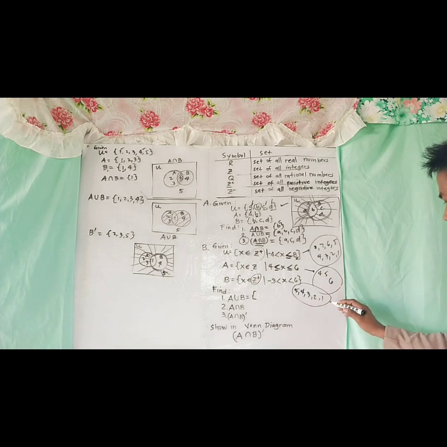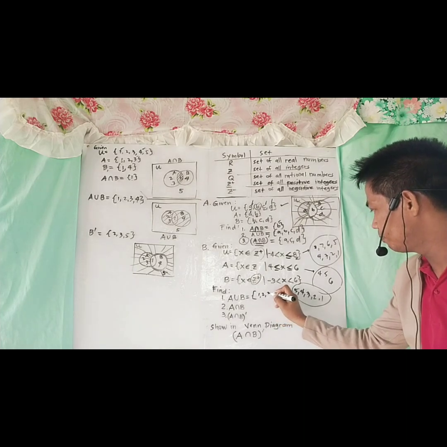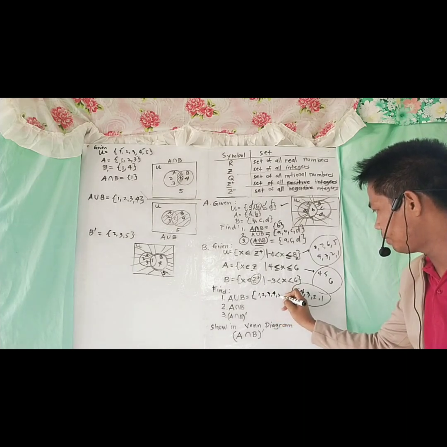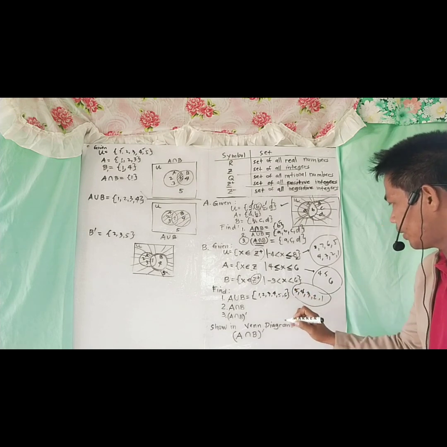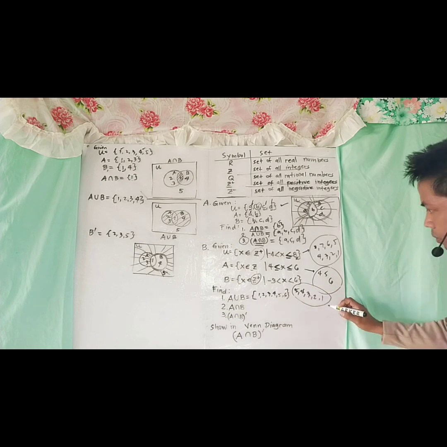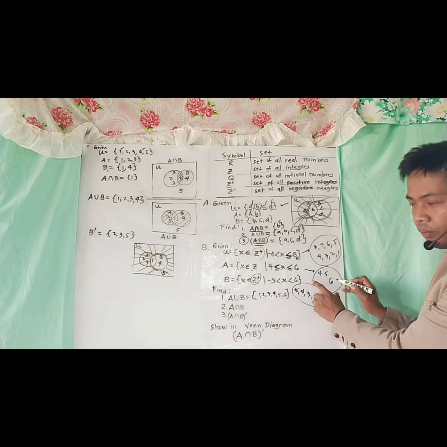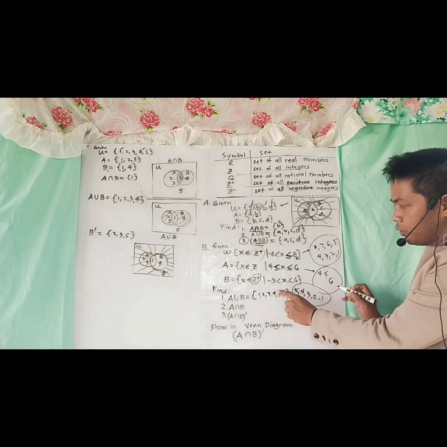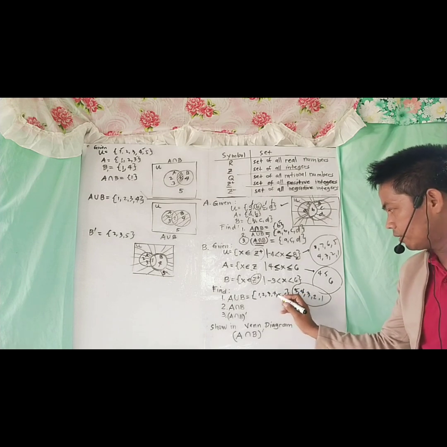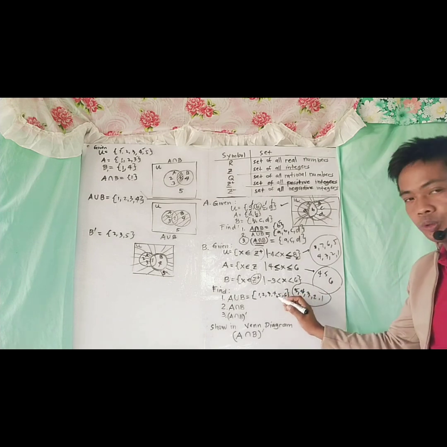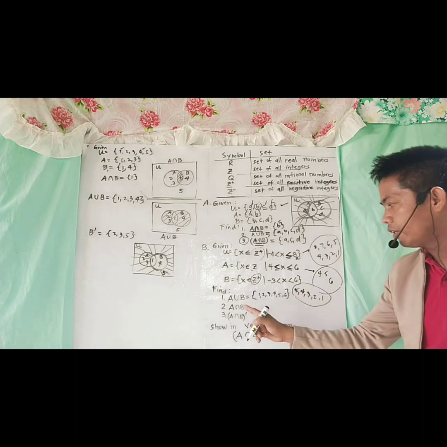Combining all the elements, we have 1 to 5, and 4, 5, 6 is also there. When you see that there are two of the same element, just write them as one. We have 1, 2, 3, 4, 5, 6, the members of A union B.